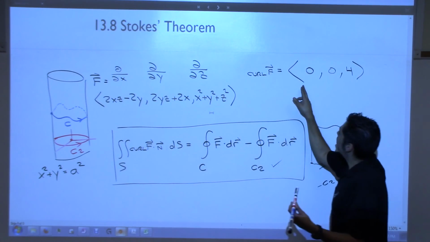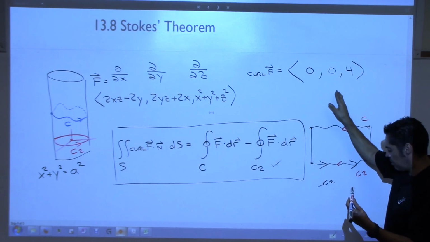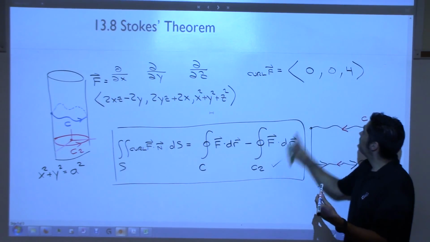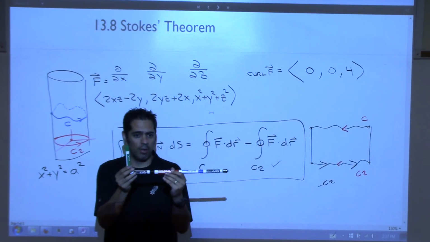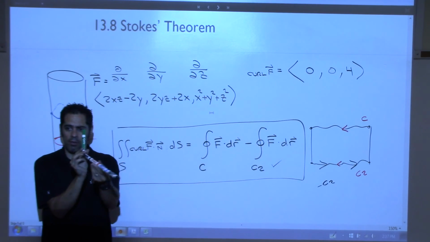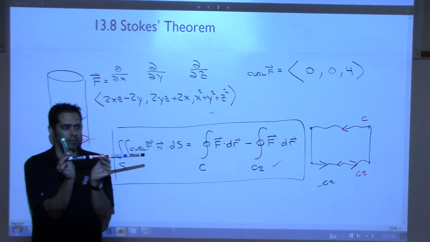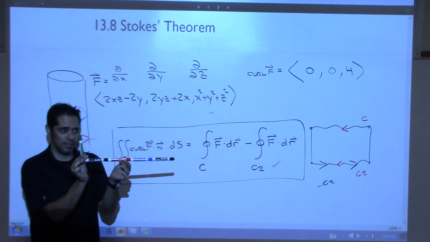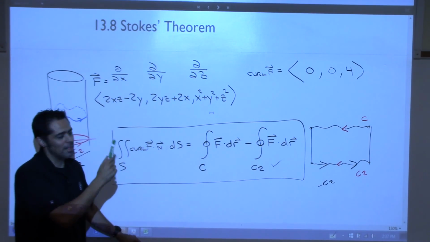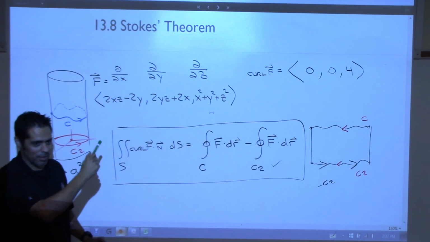What about the curl of f? Tell me about that vector. It's straight up. And what's the dot product of two vectors that are always like that? 0. Do y'all see that? Yes? That's why it was very important that I pick the right vector field for this to work, okay?